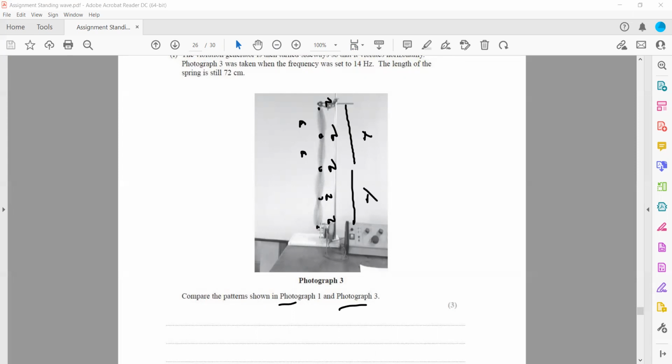So both are producing a standing wave. Both have nodes at the ends, you can compare. And when you compare, they will have the same velocity as well. The same velocity will be there when we calculate. But the differences will be, one is producing 5 wavelengths and another one is producing only 2 wavelengths.